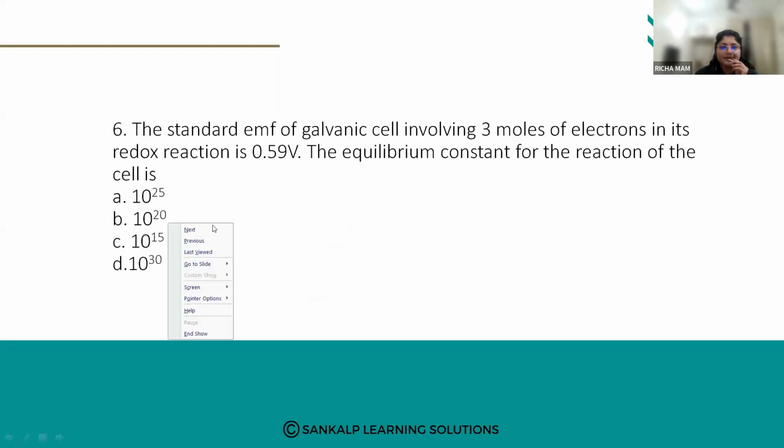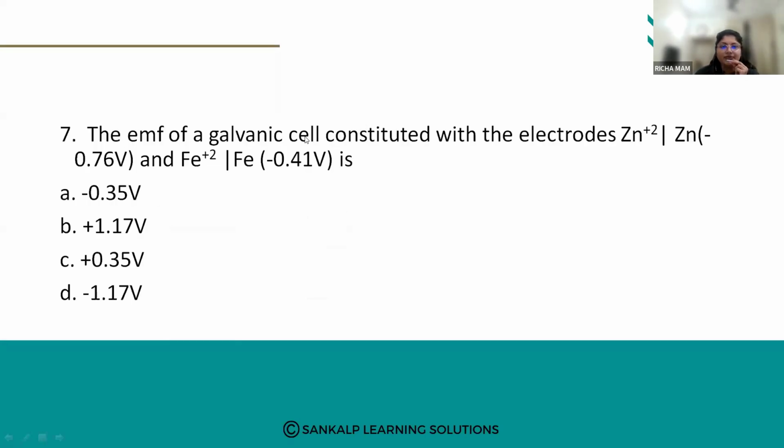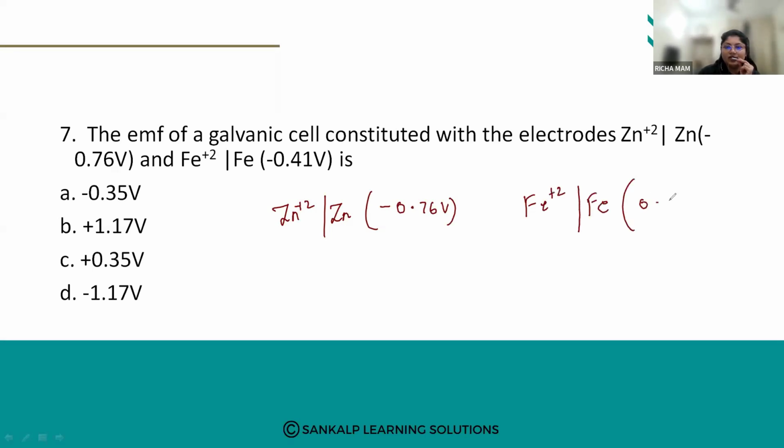Next question. The EMF of a galvanic cell constituted with the electrodes Zn plus 2 in Zn, the EMF of the cell is 0.76 volts, and Fe plus 2 in Fe, the E naught of this is minus 0.41 volts.